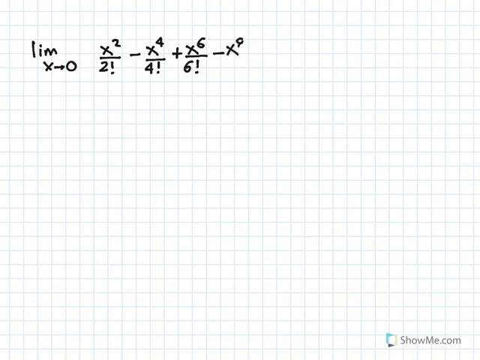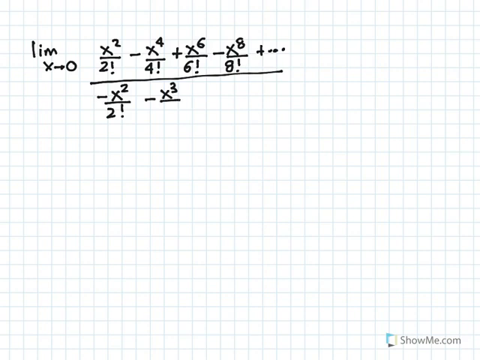So we have simplified the limit to this expression, with the numerator as above and the denominator simplified to minus x squared divided by 2 factorial minus x cubed divided by 3 factorial minus x to the 4th divided by 4 factorial, and so on.